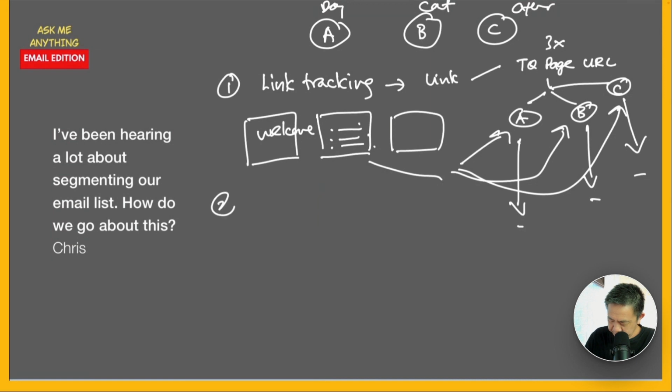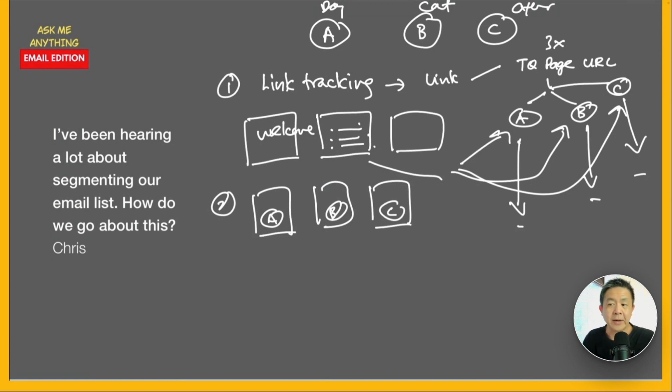The second method is each of your emails covers one topic. You may have one email that talks about dogs, one about cats, and one about others. In this case it is very clear: one CTA, one message, one email.